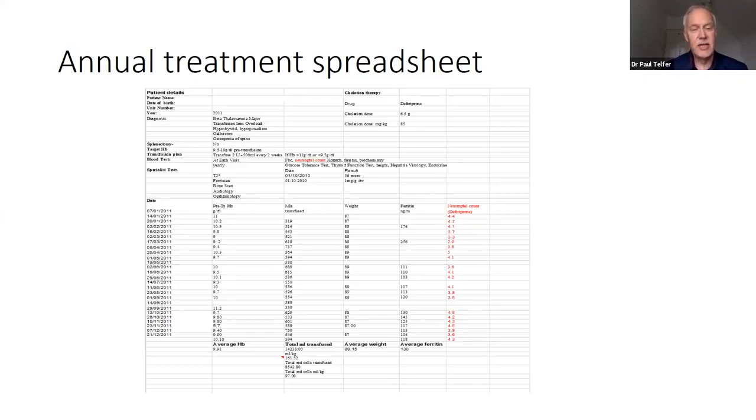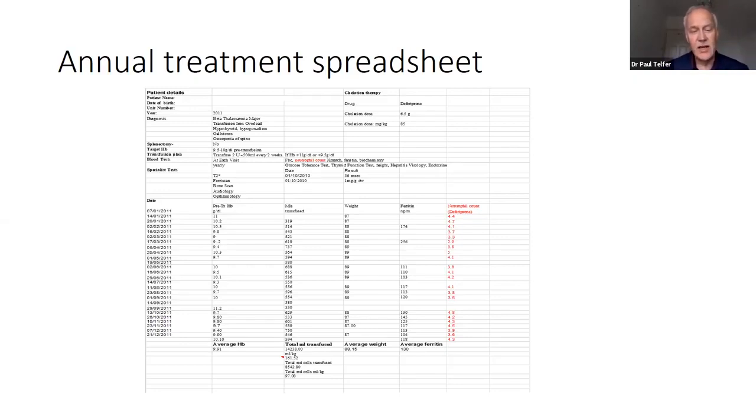But it also enables you to record their pre-transfusion hemoglobin level, the volume of blood they've been given at each transfusion, their weight and their ferritin, and also to monitor for the side effects of iron chelators, for instance neutrophils if they're taking deferiprone.